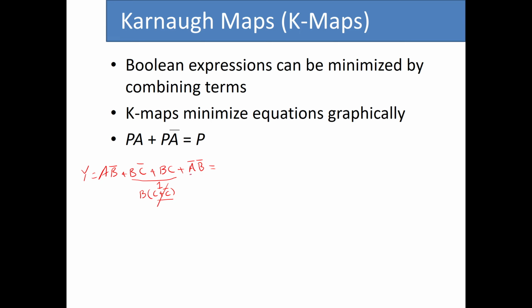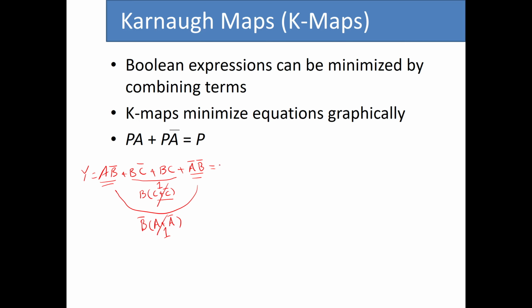Another thing is that between these two we can see that B bar is common. So between the two, what we can factor out is B bar, and then we have A plus A bar. And again, similar to the one before, this is equal to 1.